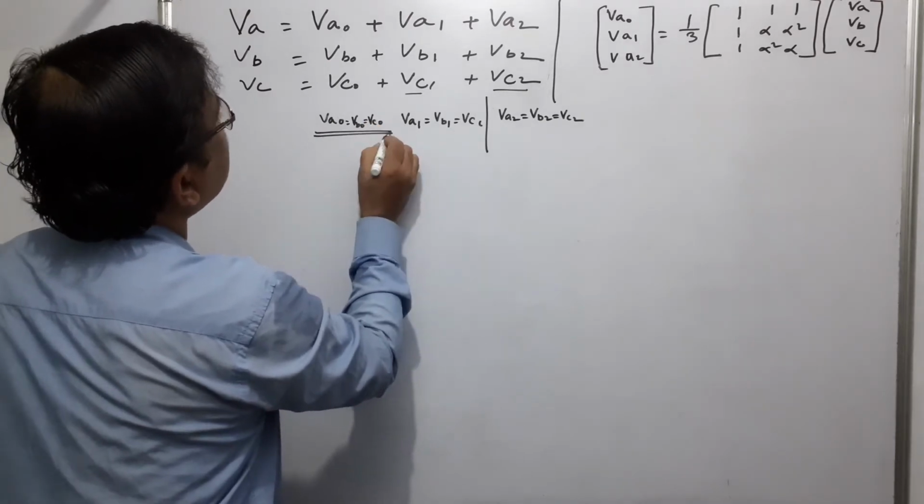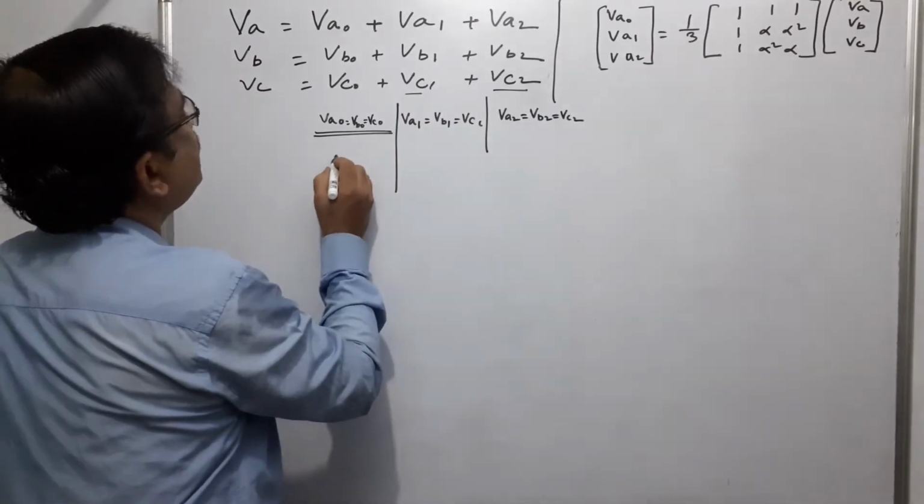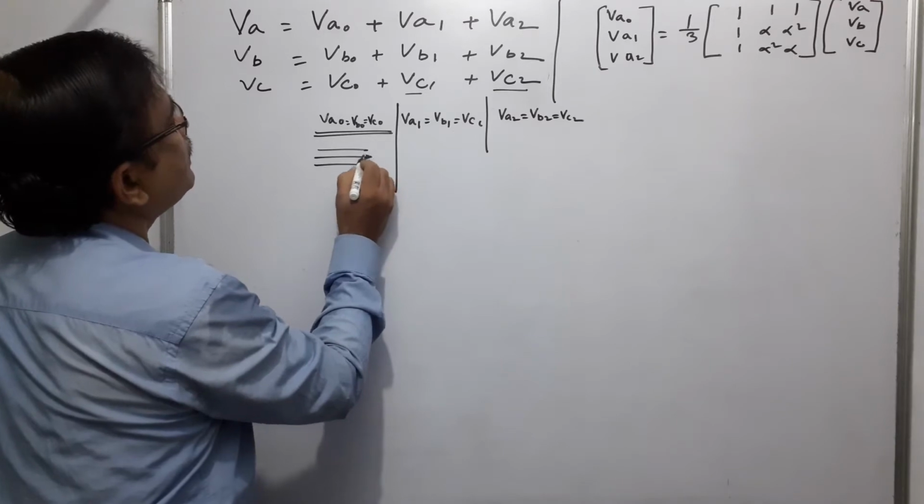The zero sequence is co-phasor, that means there is no angle between VA0, VB0, VC0; they are in the same direction.